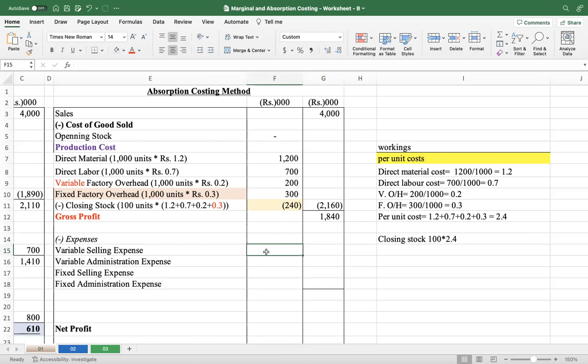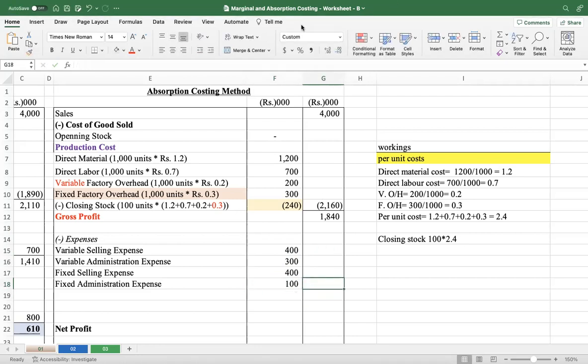Then what do we have here? We have variable selling expense 400. Then we have variable administration expense 300. Fixed selling expense 400. You can put these values by yourself. And fixed administration expense 100.